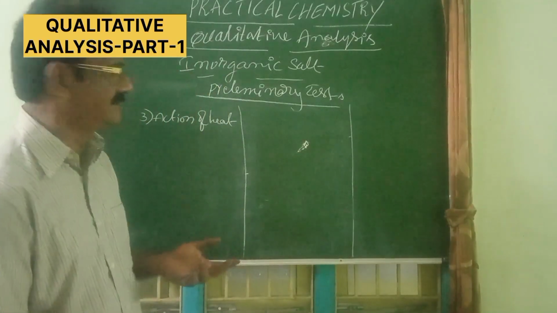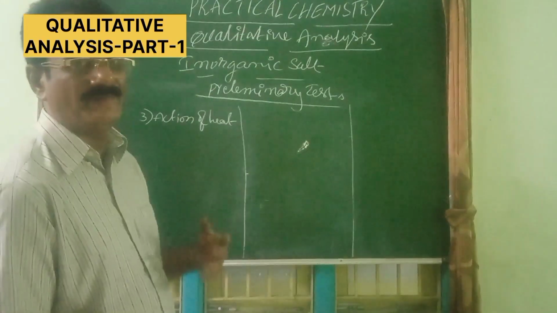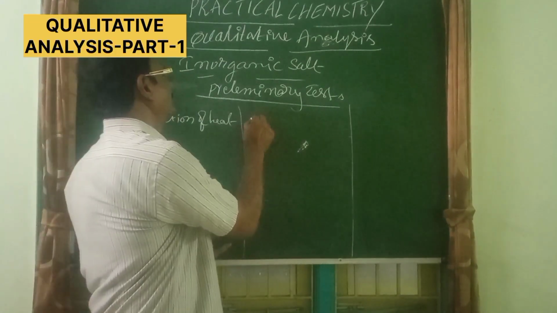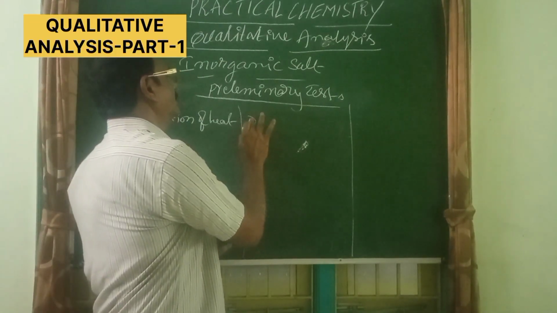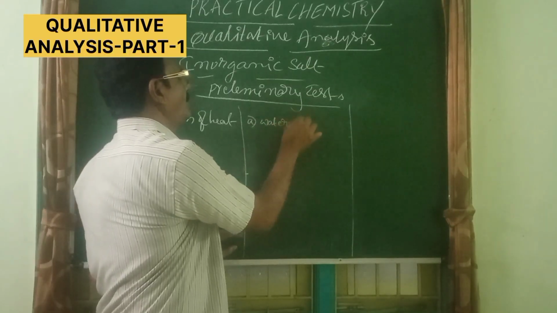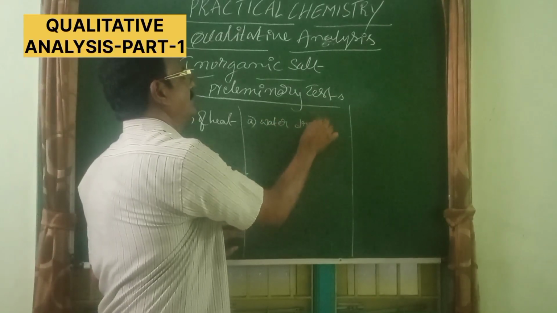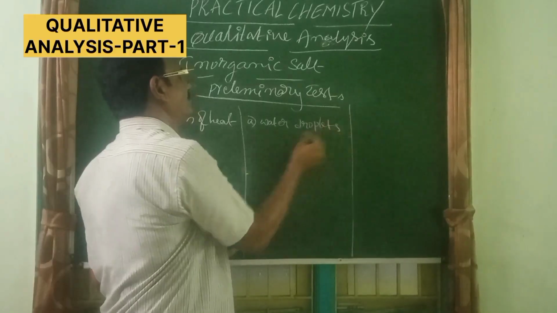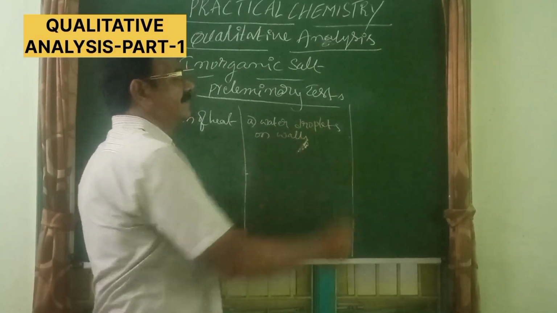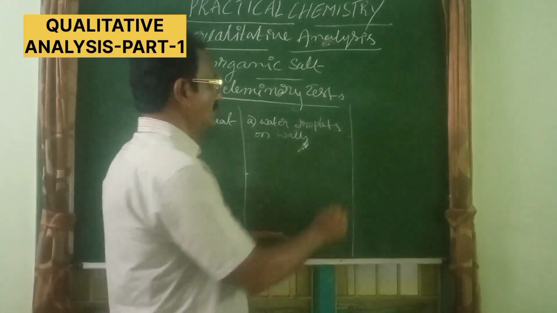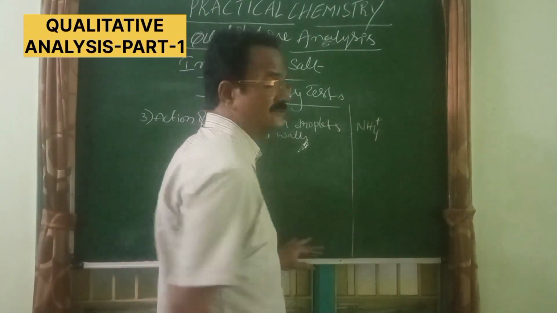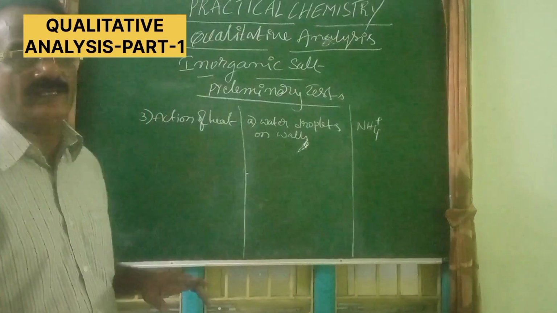The following observations can be made by doing action of heat. Number 1, water droplets. If water droplets are observed on the walls of the test tube, then one can assume that there would be ammonium ion, NH4+.